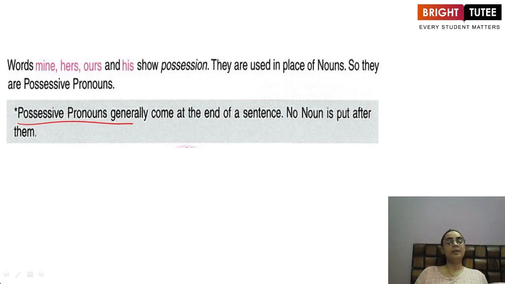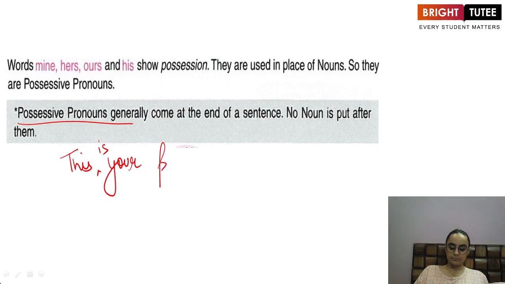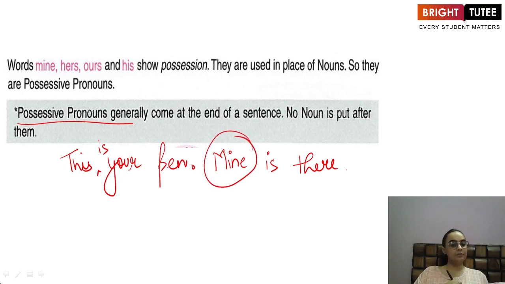But there may be cases where the possessive pronouns can even be used at the beginning of the sentence as well. For example, if I say, this is your pen, mine is there. Here I have used mine, which is a possessive pronoun, at the beginning of the sentence, right?